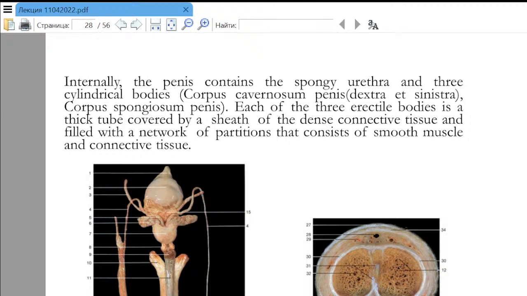This is the corpus spongiosum, corpus cavernosum penis. This is the bulb, these are the two crura. Glandula bulbourethralis, and you see the glans penis.